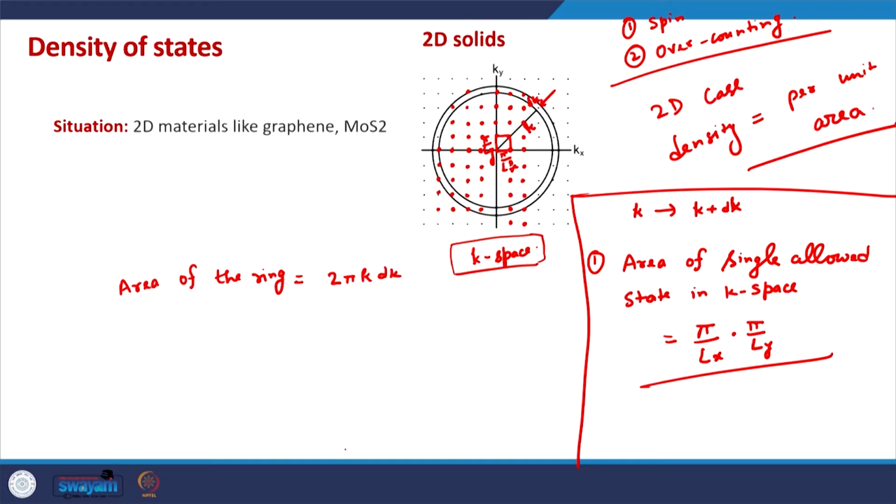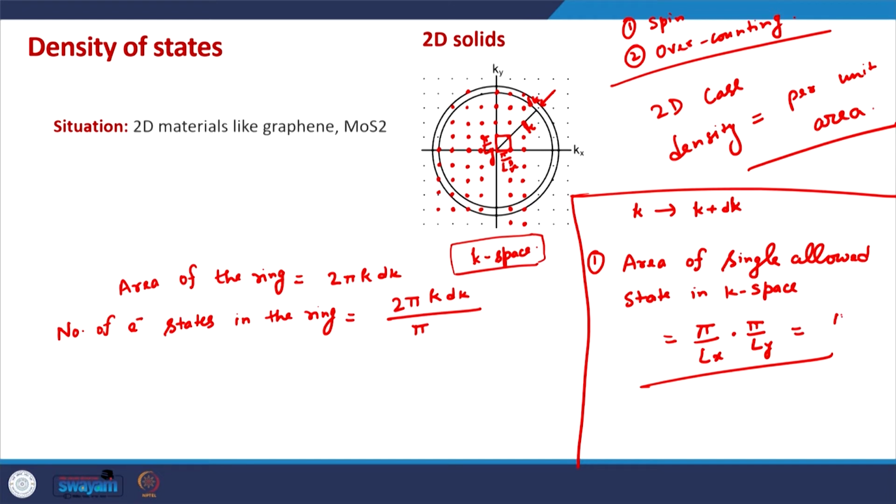So, now the number of electronic states in the ring will be the area of the ring, 2 pi k dk, divided by the area of the single state.